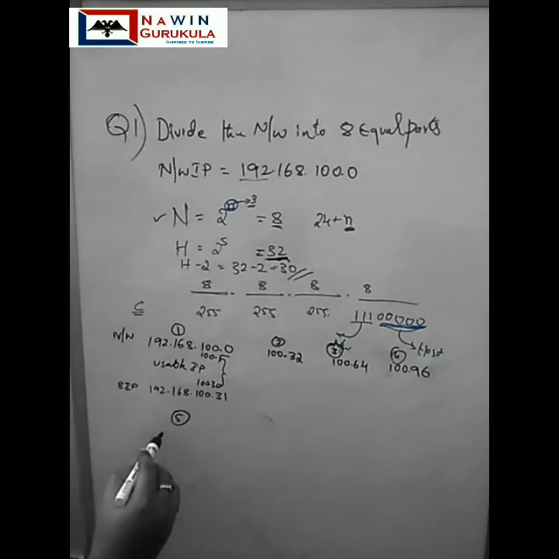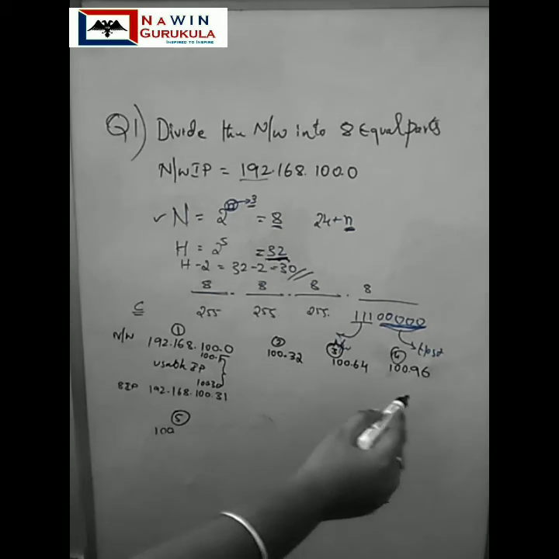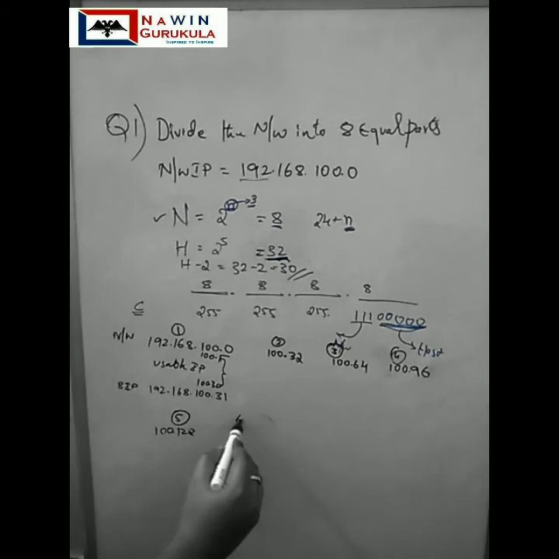Similarly, for the fifth network, it is 100.96 plus 32, which is 128. For the sixth network, it is 100.128 plus 32, which is 160.